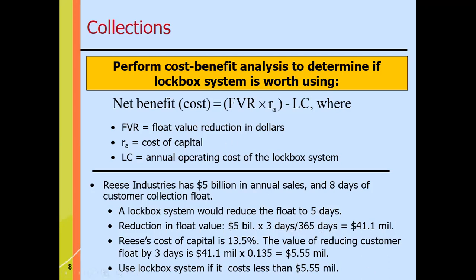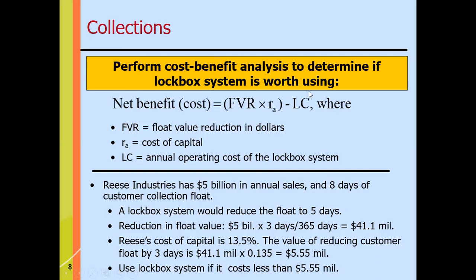Next, we have to take note that Reese's cost of capital, which is R sub A, that's our return, is 13.5%. So the value of reducing customer float, that's our benefit for the 3 days, is $41.1 million from the previous point times 0.135, which equals $5.55 million.